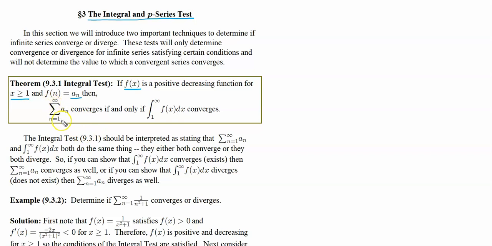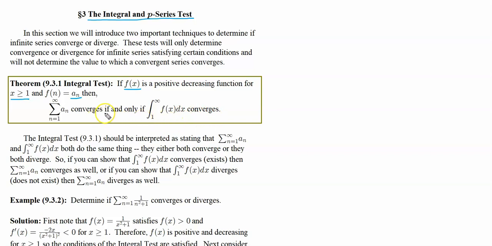The summation from 1 to infinity of the an's converges if and only if the integral from 1 to infinity of the function f of x converges.